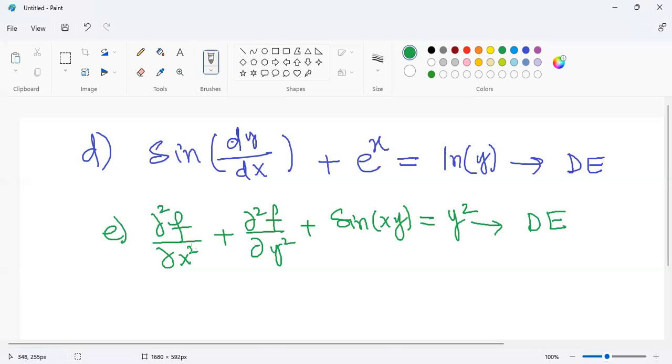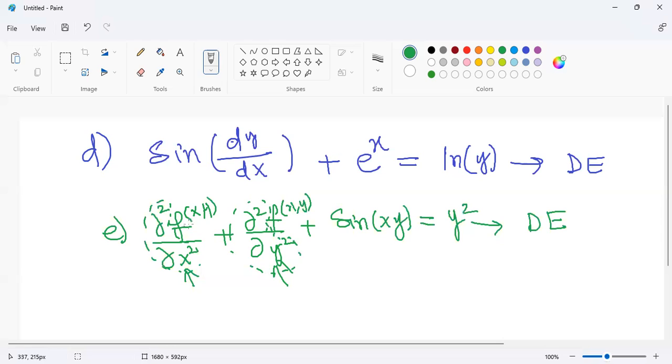Why? Because it involves derivatives of an unknown function. But in this case, if you see carefully, this function is depending on x and y, two variables. Therefore, we have taken these derivatives as partial derivatives, maybe as you know from your calculus 2 course.